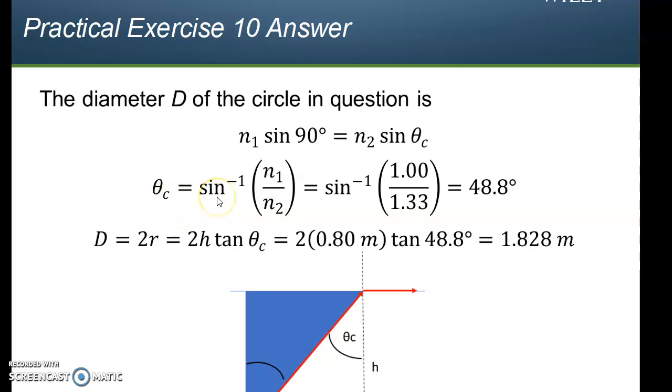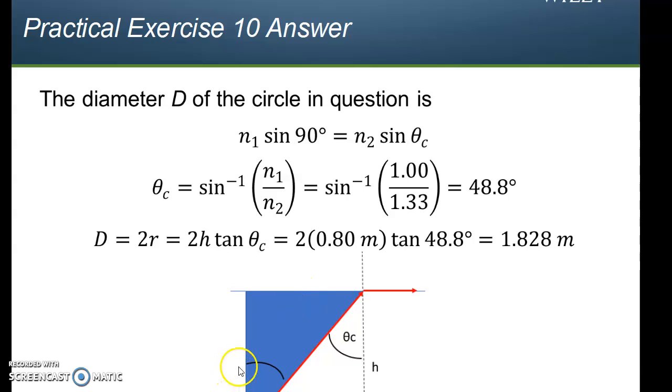Theta C equals the inverse sine N1 over N2, or the inverse sine of 1 divided by 1.33. And 1.33 is a typical value that people use for a refractive index for water. And so that is 48.8.